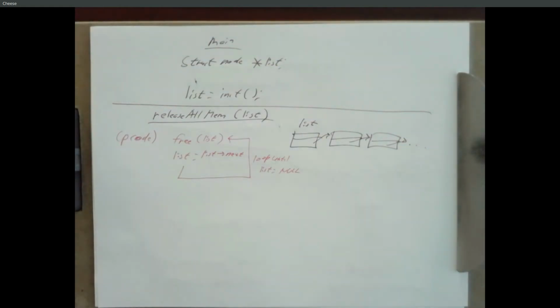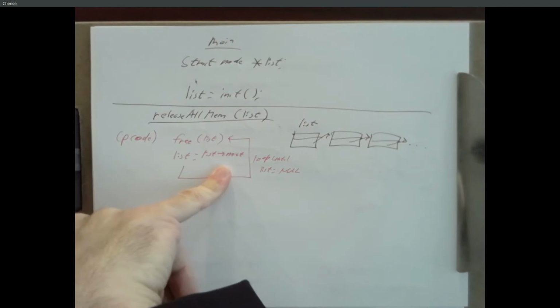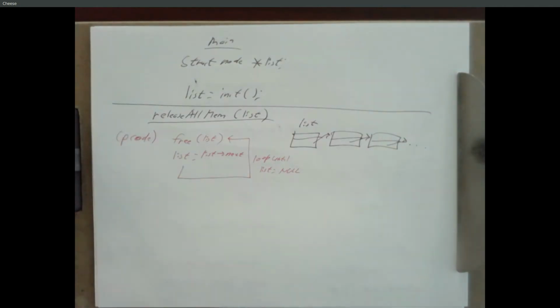There's one subtlety in here, which is that once you free a node, you're not allowed to use that node again. You're not allowed to touch any of its fields. So once I free list, technically I cannot say list arrow next. Here's how we could do this.